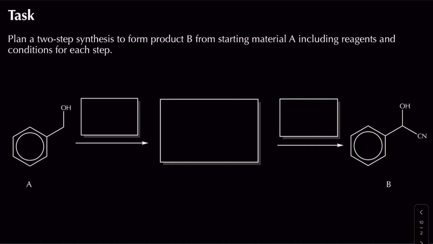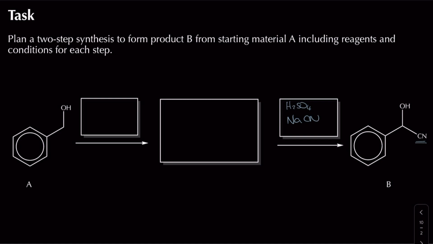So in this case, looking at this, I'm going from an alcohol to a hydroxynitrile itself. So we need to think about what we could have as an intermediate and how do we actually make hydroxynitriles. Well, we only know one way as of yet, and that is to use H2SO4. And we also know that we need something like sodium cyanide itself as well.